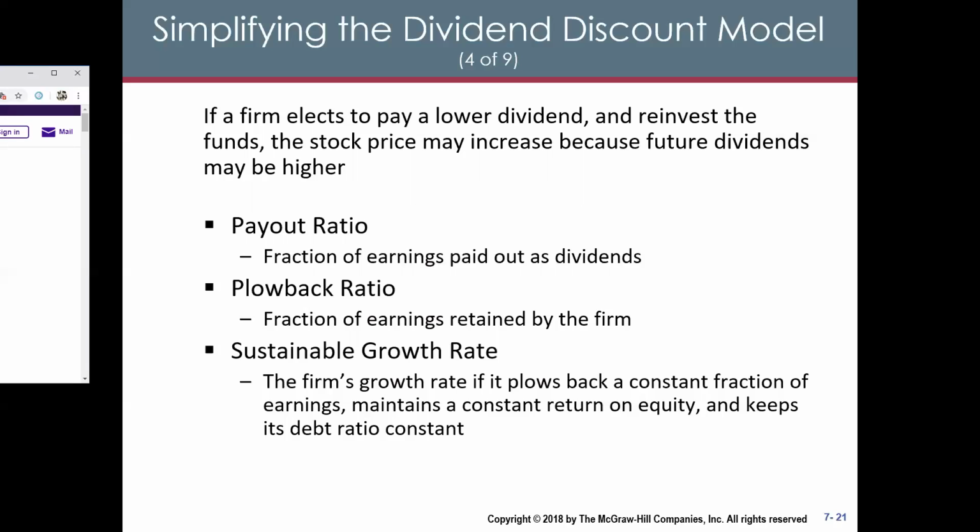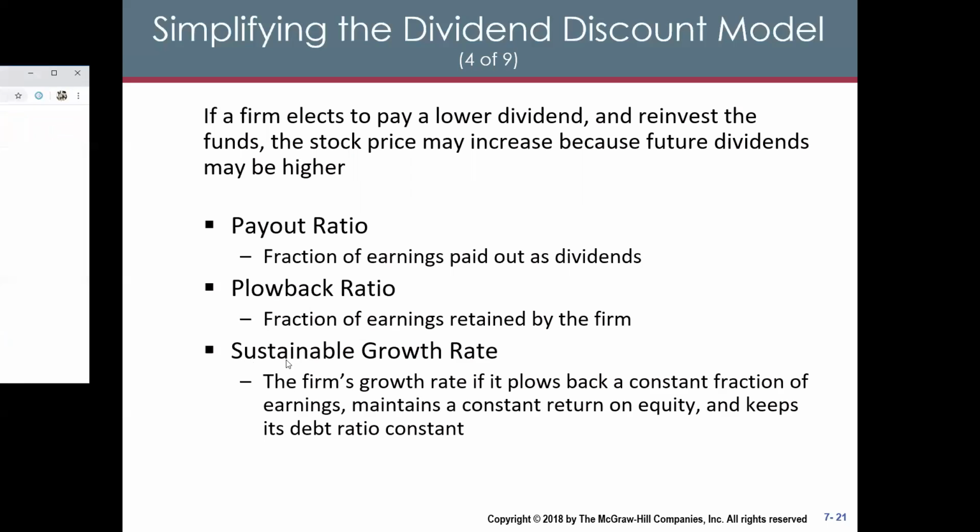Okay, so we call the fraction of earnings paid out as dividends the payout ratio. And we call the fraction of earnings retained by the firm the plowback ratio. So the amount you decide to pay out is the payout ratio, and the amount the company decides to retain and to do the future investment is the plowback ratio.